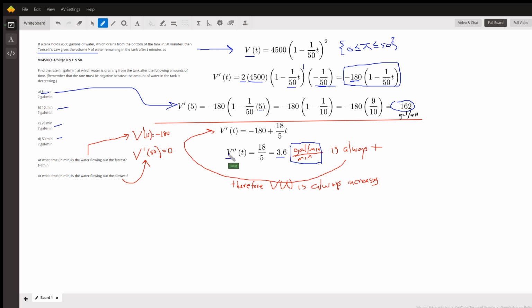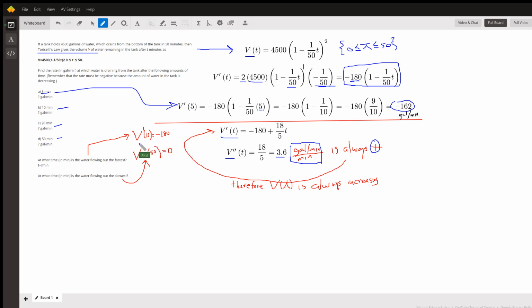This is actually the derivative of the first derivative. So the fact that that's positive tells you that the antiderivative, or v prime, is always increasing. So the rate at which the volume is changing is always going from this negative value.